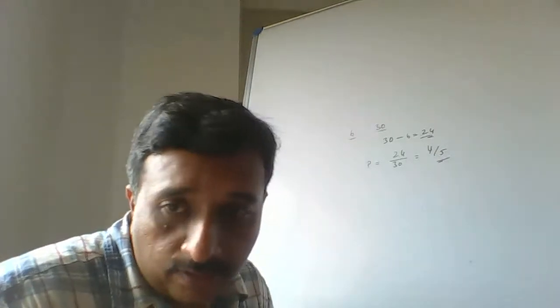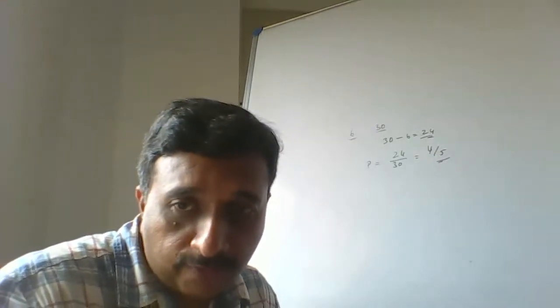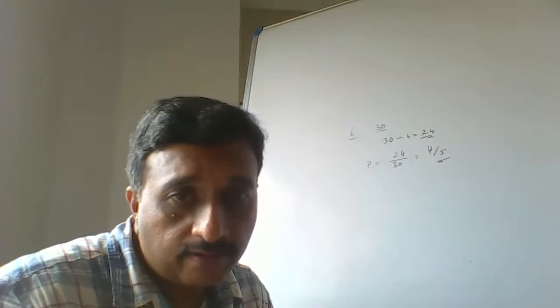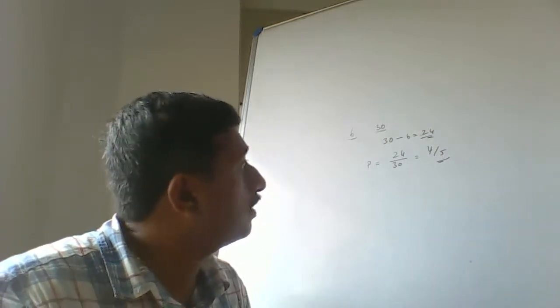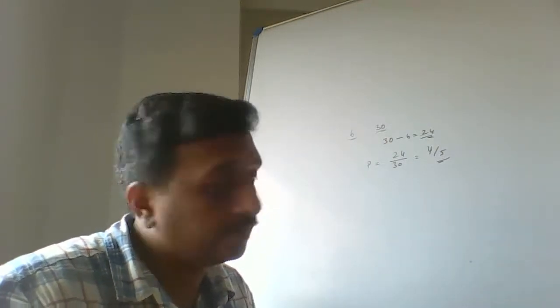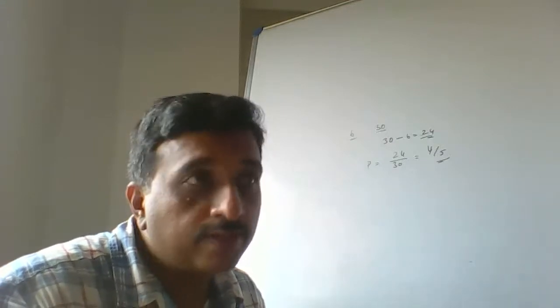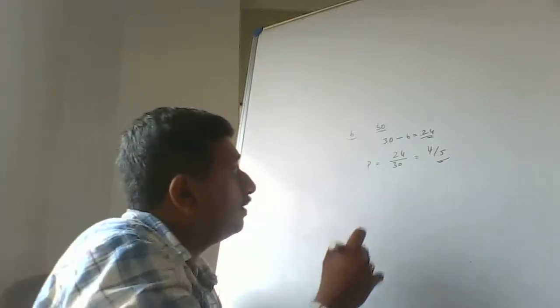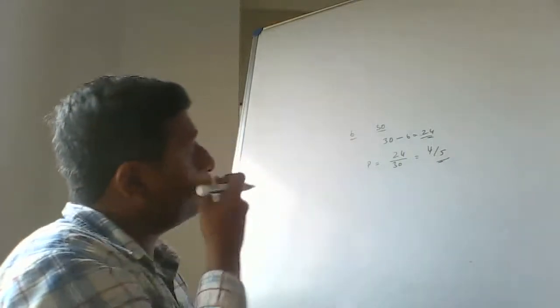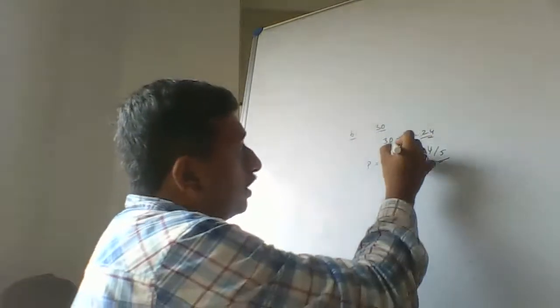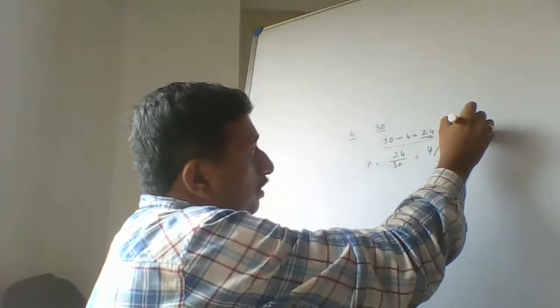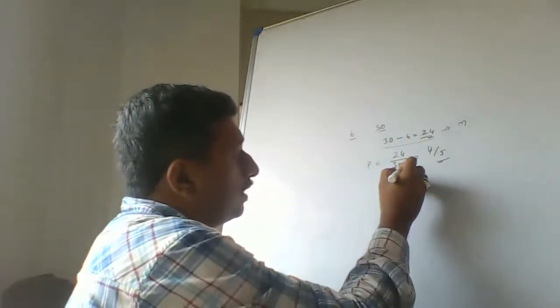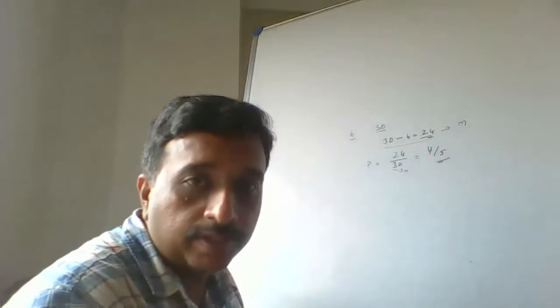And what is 24 by 25? No, it's not 24 by 25. It is 24 by 30. What you are looking at is the favorable outcomes, that is M, and N is the number of possibilities.